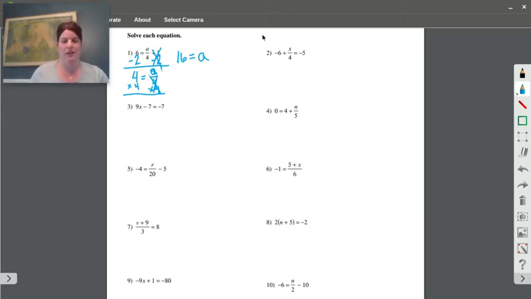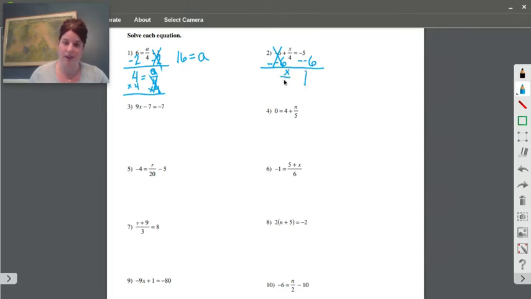All right. Let's look over here at number 2. Here we have -6 plus x divided by 4 equals -5. Once again, we're going to start with this addition, and we're going to subtract -6 from both sides. These two cancel each other out. -5 minus -6 is 1.